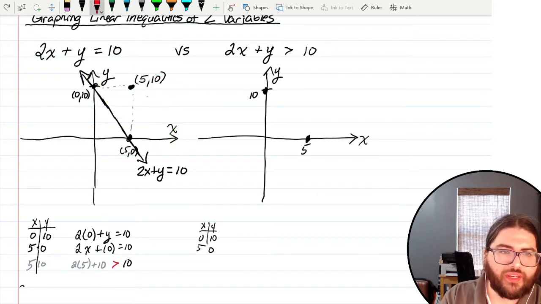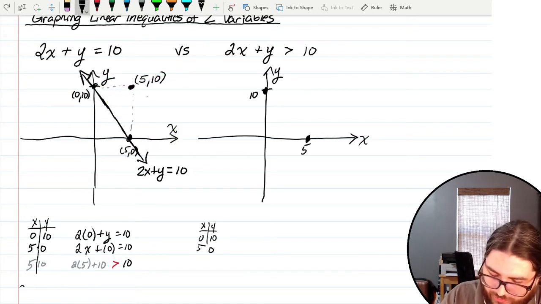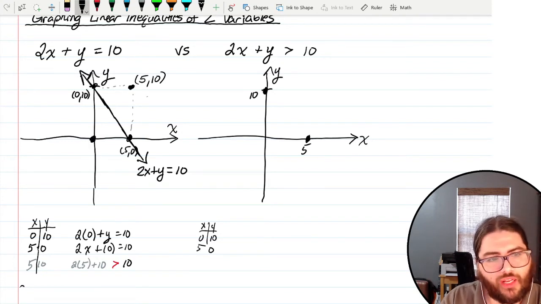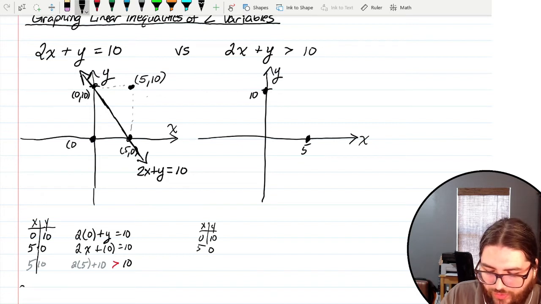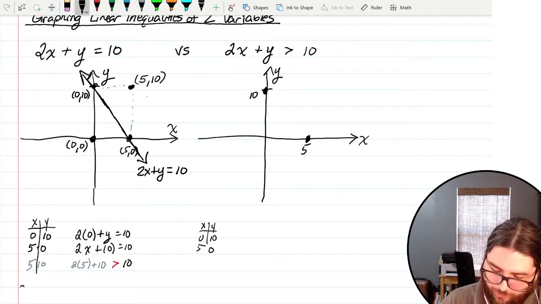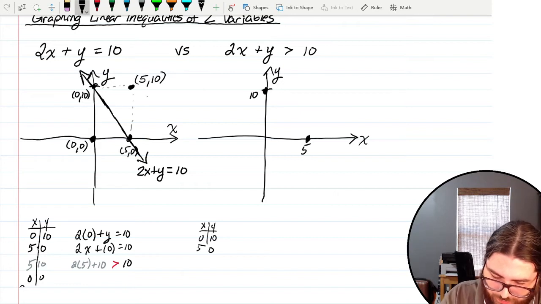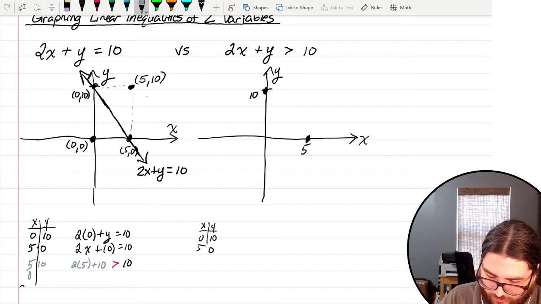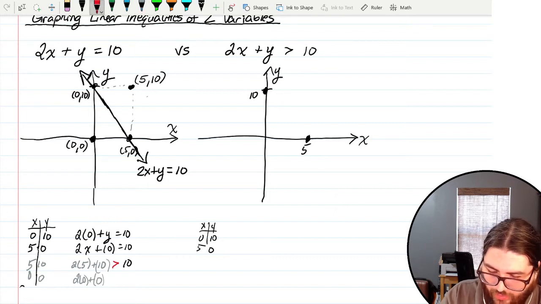Likewise, if I picked a point on the other side, I can't pick a point which is on the line, remember, because the points on the line are the equal to point. If I picked a number like 0, 0, two times 0 plus 0, well, that's less than 10.